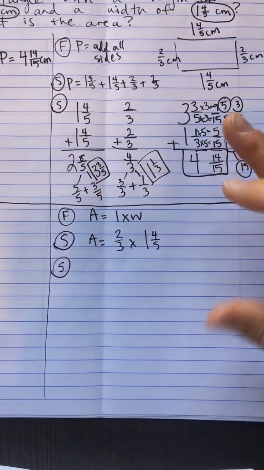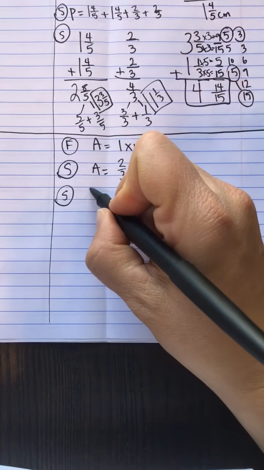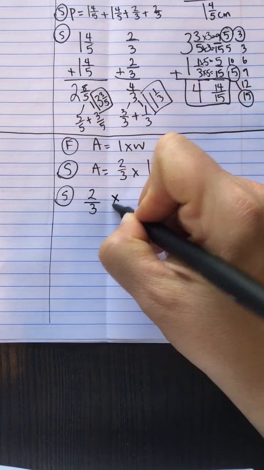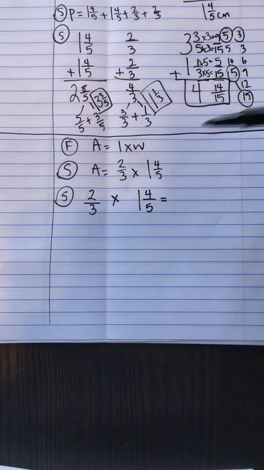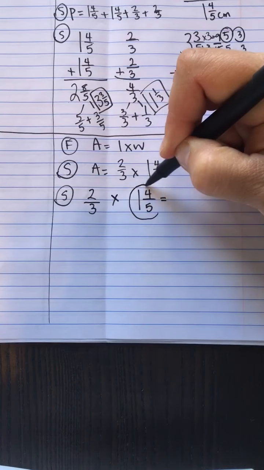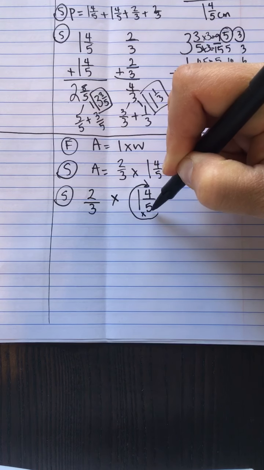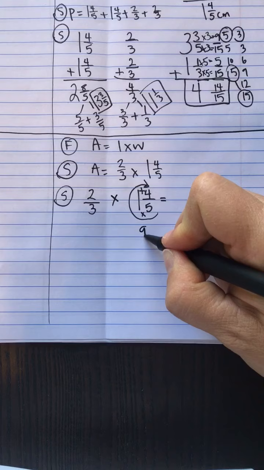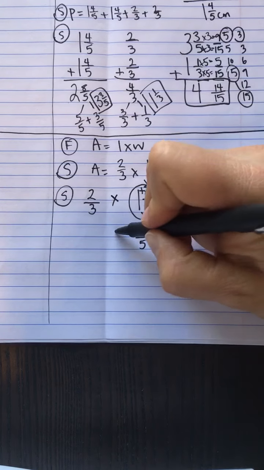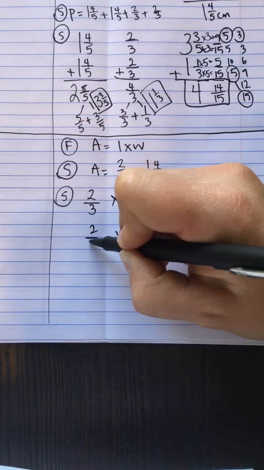For my solve, 2/3 times 1 4/5. When I multiply fractions, everything has to be a fraction, so I'm going to go ahead and do the wheel. 5 times 1 is 5, plus 4 is 9. So I have 9/5 times 2/3.